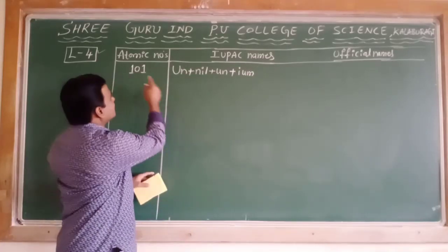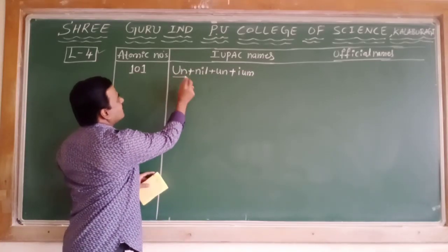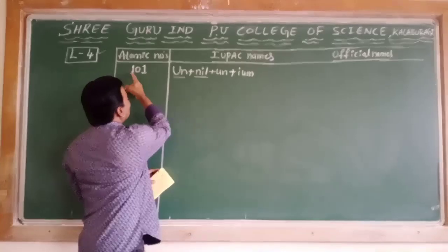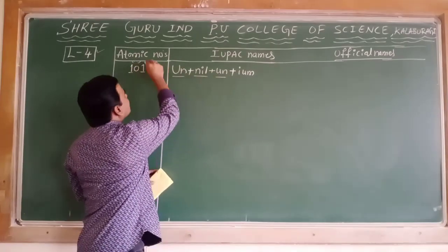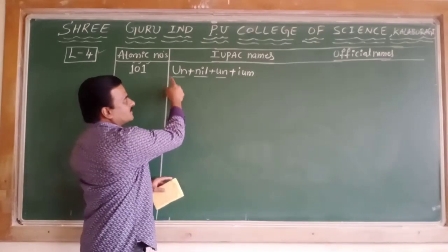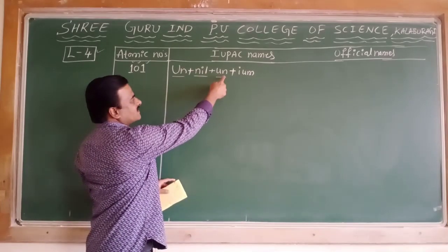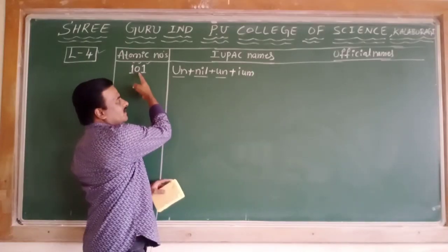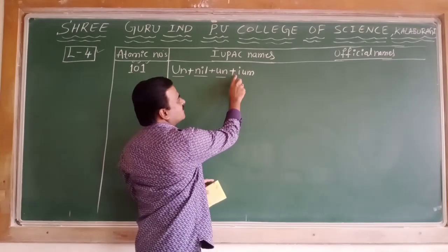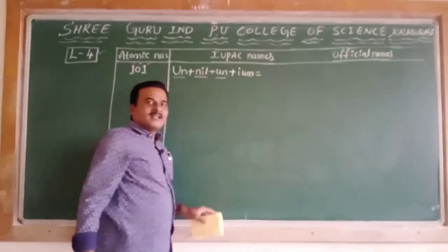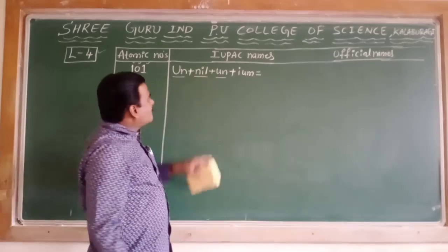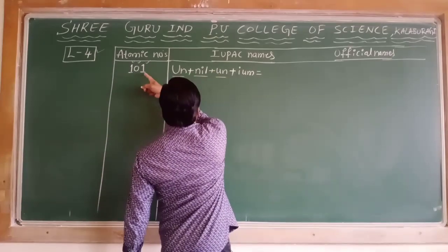The suffix is ium, added after the completion of the Latin digits un, nil, un. After arranging the Latin digits in the order in which they appear in the atomic number, finally the suffix ium is added.